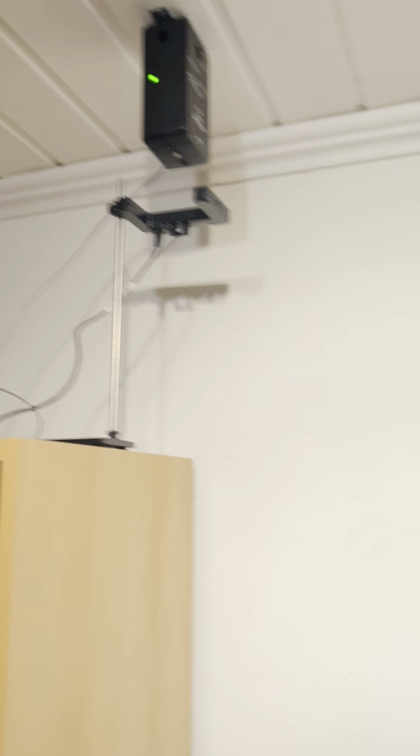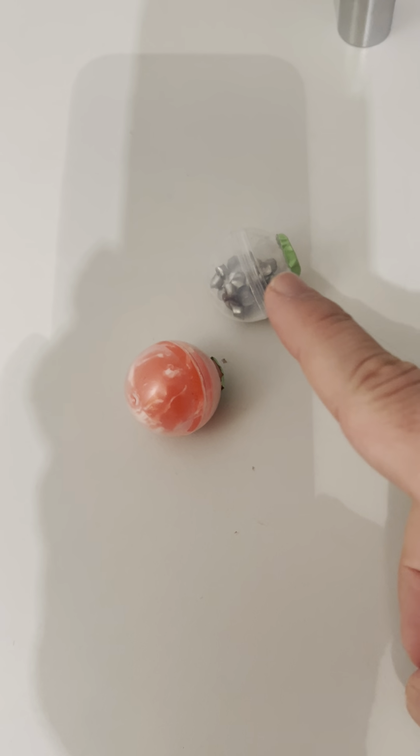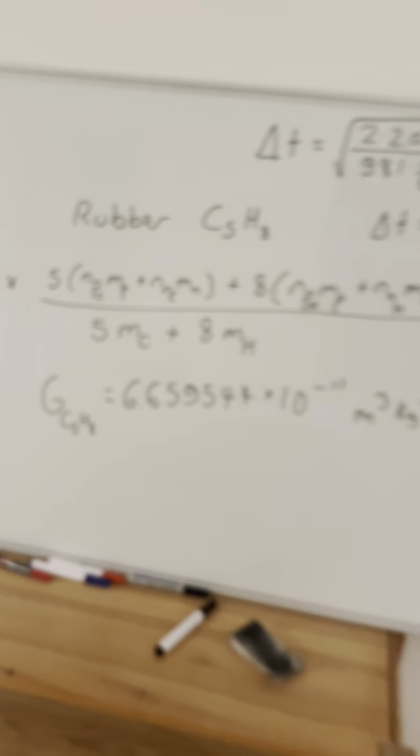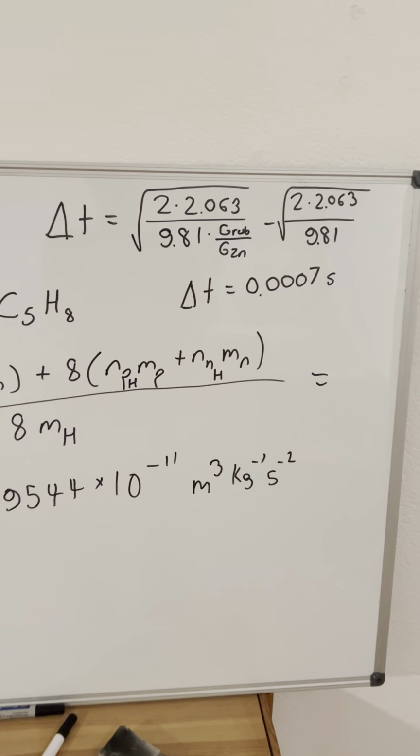In the last video we did some freefall experiments with lead and zinc. This time we want to try rubber and zinc, for which the difference is much greater.